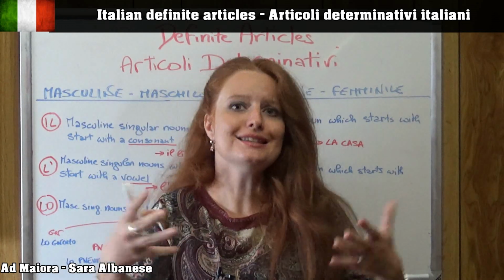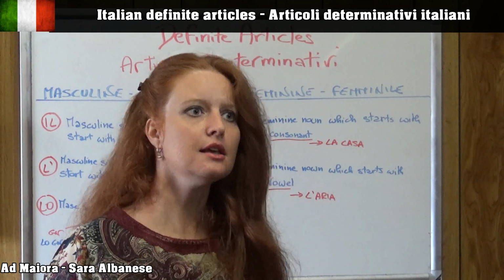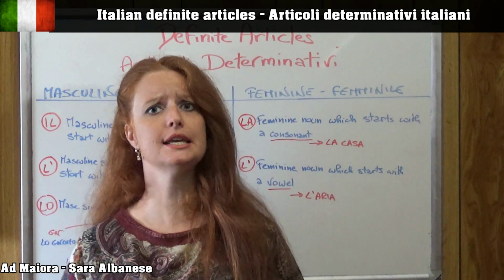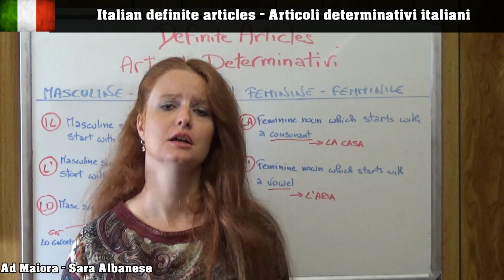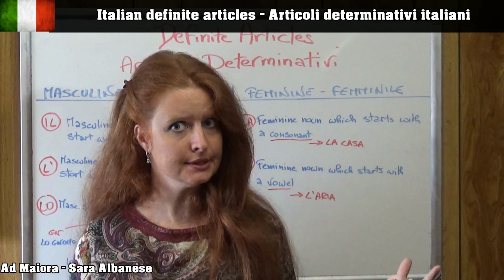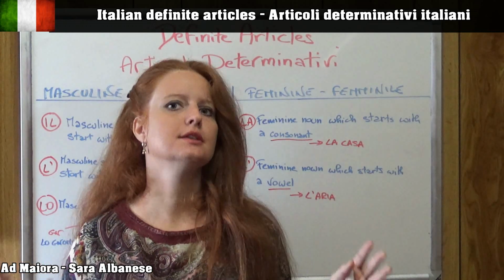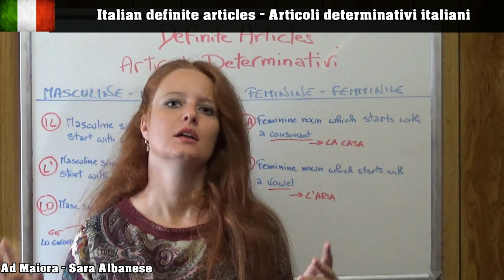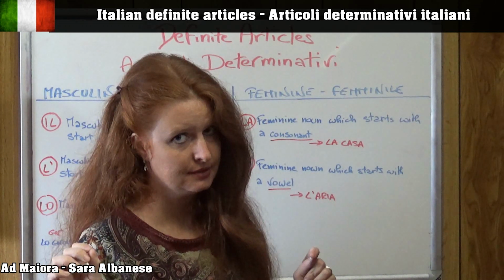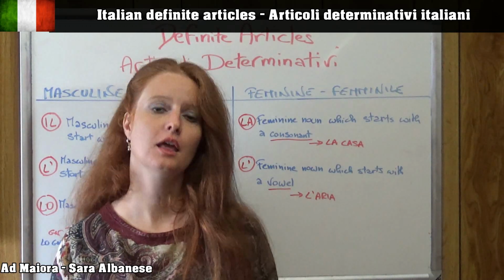Maybe the easiest rule to tell you in a few seconds here is that if the final vowel of the noun is a, as in donna, which means woman, then probably it is feminine. The word I mentioned before, penna, which is pen, is feminine, and the final vowel is a.